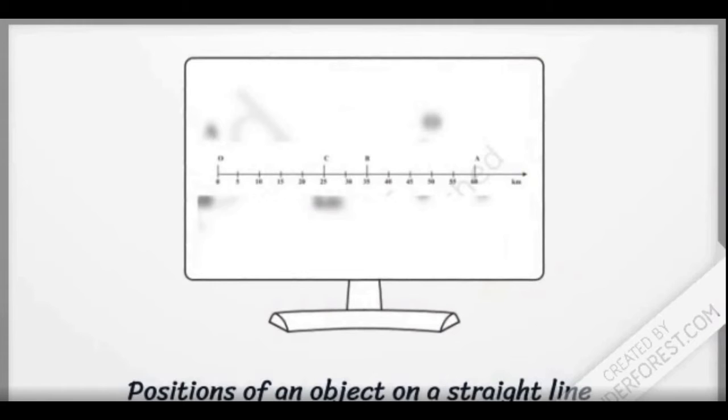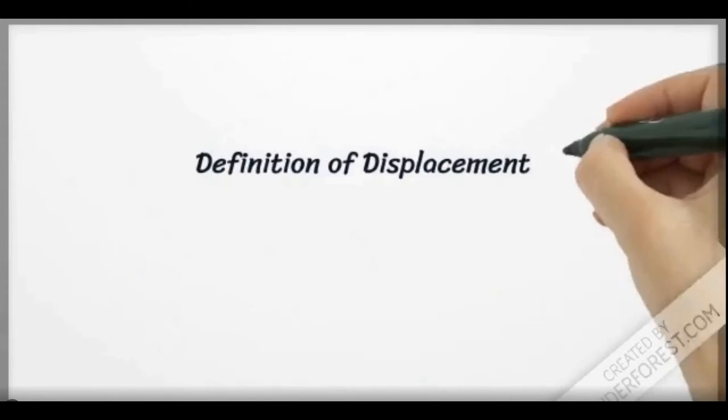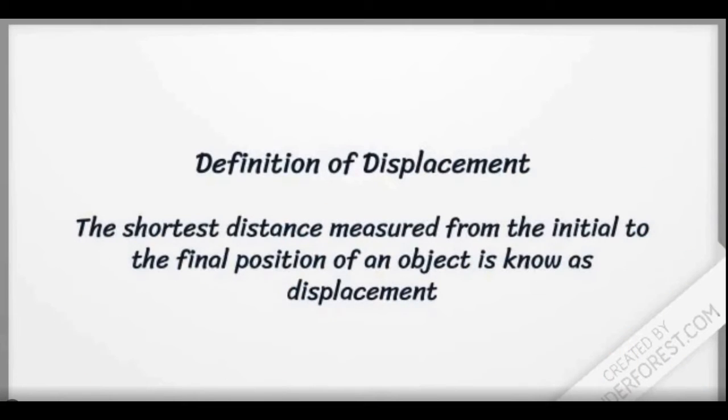Yeah, it's right. This difference will give you the numerical value of the displacement of the object from O to C through A. So now we got the definition of displacement: the shortest distance measured from the initial to the final position of an object is known as displacement.